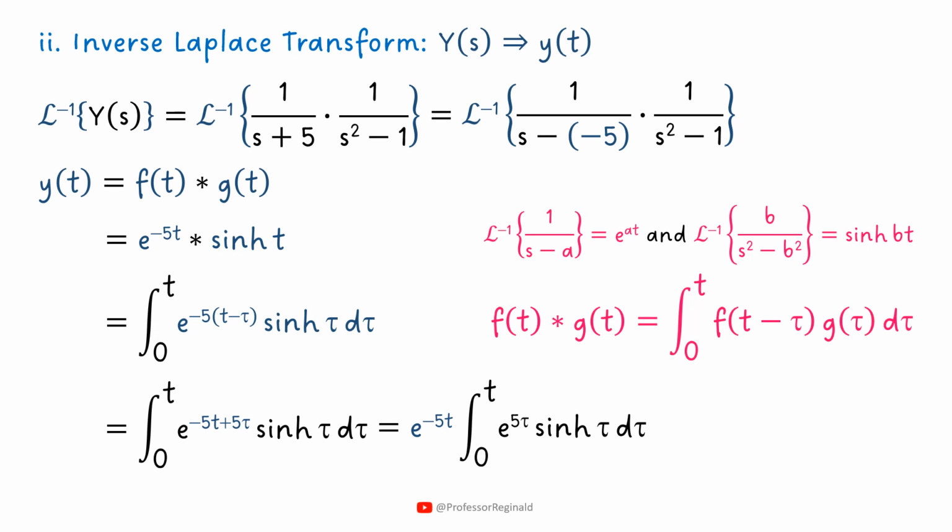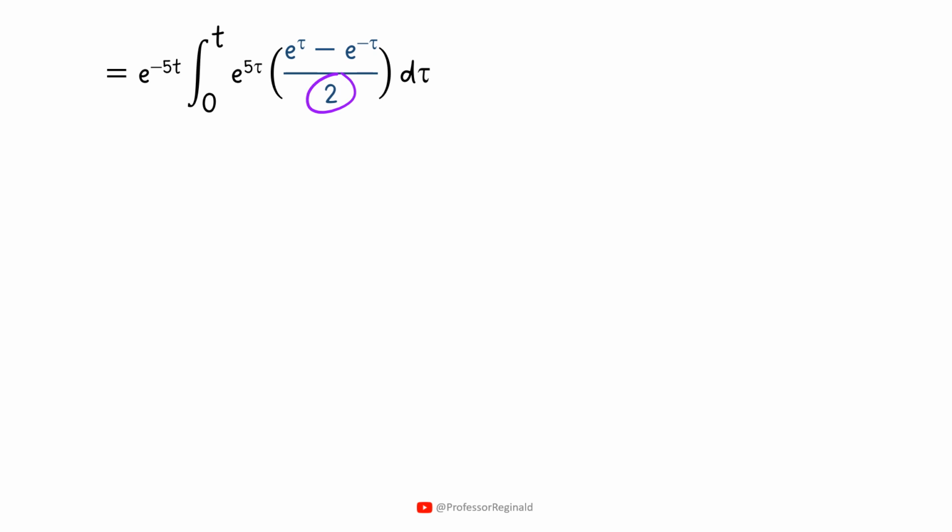Instead of using integration by parts, substitute the exponential function equivalent of the hyperbolic function. Factor out the constant, combine the exponential factors by multiplication, and simplify using a property of exponents.